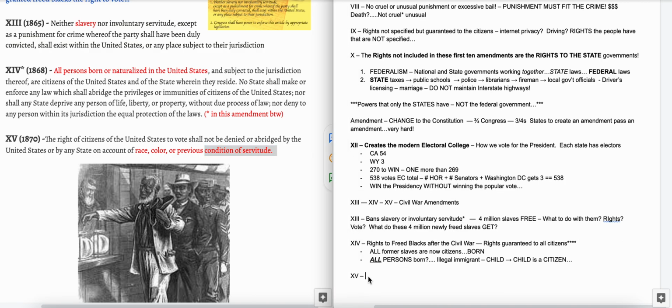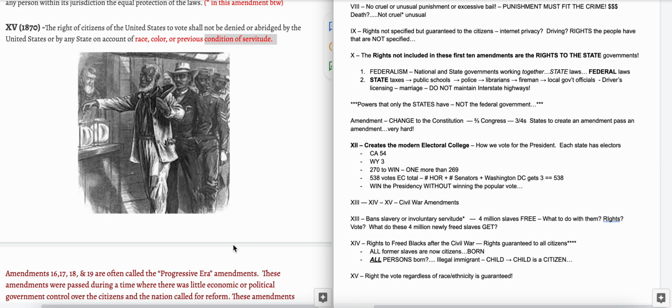So this is the right to vote regardless of race or ethnicity. Now notice it does not say anything about sex, gender. So African Americans who were enslaved got the right to vote before free white women, which was a big deal socially at the time. So the right to vote regardless of ethnicity is guaranteed. And that was a big deal.